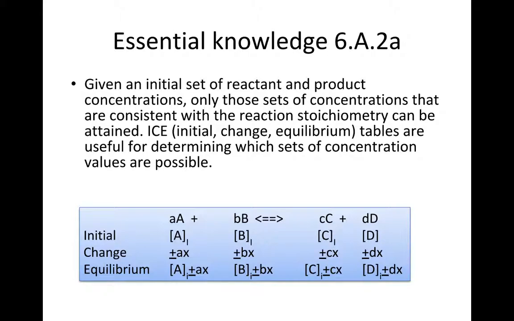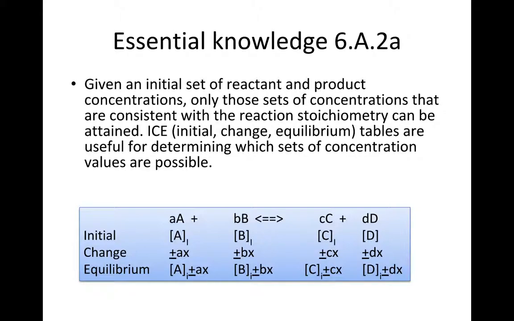Now, let's talk about these ICE tables. This is how we do the algebra on a problem where we are given some initial conditions and asked to evaluate the equilibrium conditions. Given an initial set of reactant and product concentrations, only those sets of concentrations that are consistent with reaction stoichiometry can be attained.